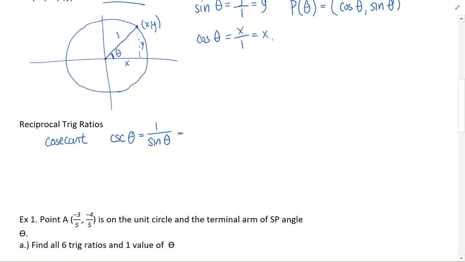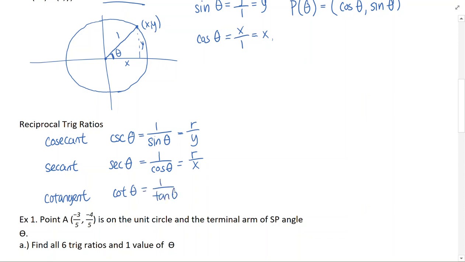Since we found the reciprocal, the ratio will also be reciprocal, so now it's r over y. Next, we have secant, short written as sec, and that is 1 over cosine, and that would be r over x. And last is cotangent, cot theta, and that is 1 over tangent, which will be x over y.